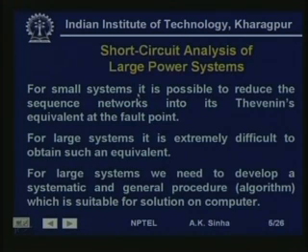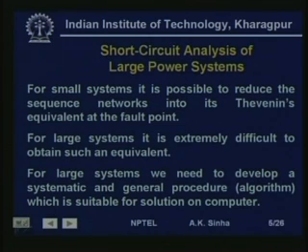As we had discussed in lesson 29, we can do symmetrical as well as asymmetrical fault analysis using Thevenin's theorem. But when we are trying to do it for a large system, finding the Thevenin's equivalent of the network at the fault point is a very complex job.